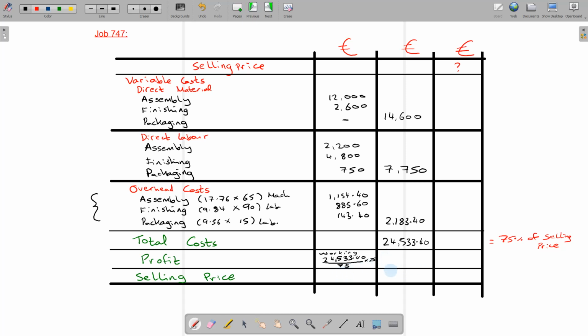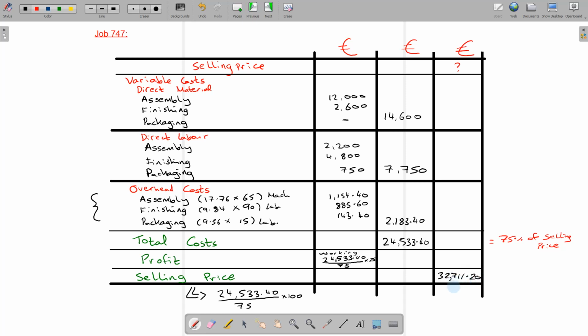Well, I got the selling price. So I guess if we want to get the selling price, we would do 24,533.40 divided by 75 multiplied by 100, and we will get 32,711.20.